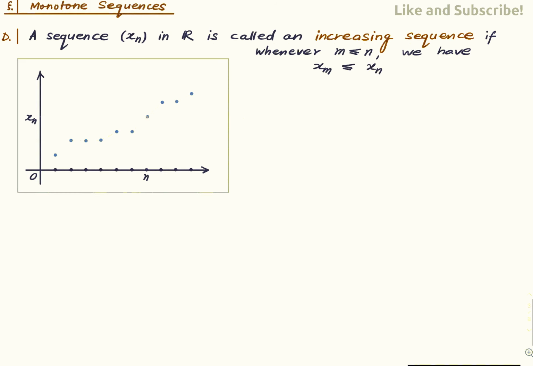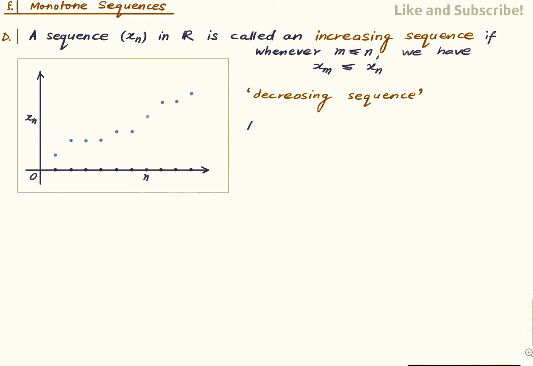Very simple definition. It captures exactly what we said in this picture. Similarly, you can define a decreasing sequence for yourself. So let me just write down the phraseology. All right, so we have these two definitions, increasing sequence and decreasing sequence.